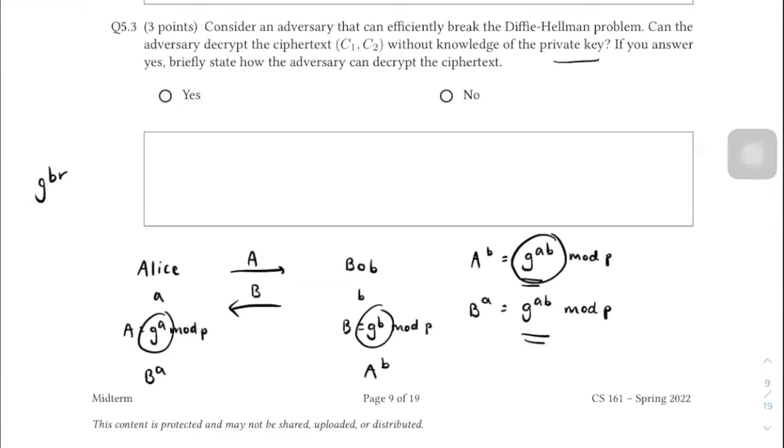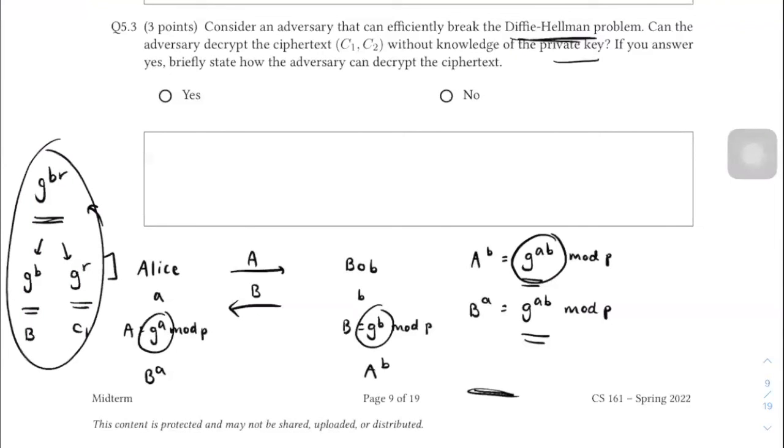They can recover G to the BR from the two components, G to the B and G to the R, this being C1, this being Bob's public key. That's what we've assumed here. Because this setup looks very similar to the Diffie-Hellman problem, this answer is also yes. Now the attacker can decrypt C1 and C2 if the conditions upheld by Diffie-Hellman are no longer true.